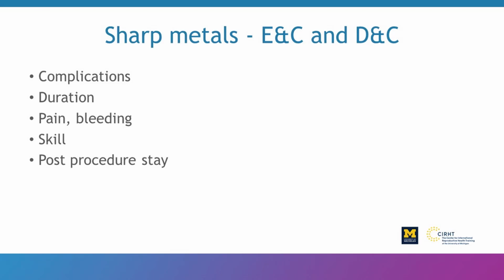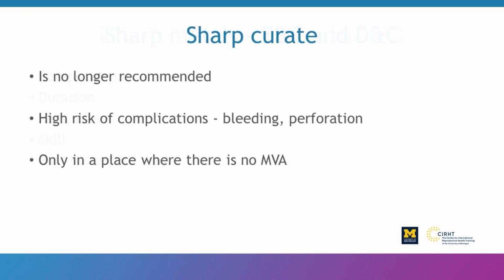You can finish the procedure very fast. In the case of MVA, pain and bleeding are less, and you need less skill; the duration that you need to train somebody with MVA is very low compared to E&C and D&C. So again, I say that we recommend doing manual vacuum aspiration rather than E&C or D&C.